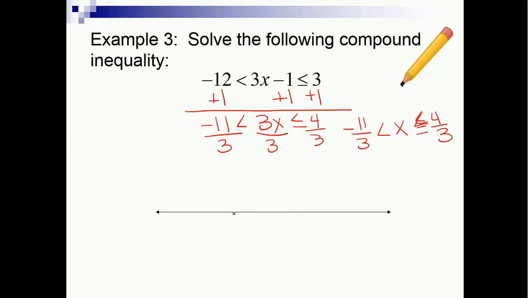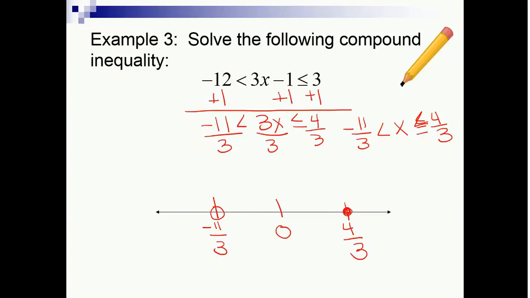Got all my answers. Now, for compounds, what you need to do is write the two numbers that you got for an answer. You can put 0 in the middle if you want that number in the middle. By all means, do so. Now, I need to figure this out. I know for the negative 11/3, I'm going to have an open dot. And on this side, I'm going to have a closed dot.